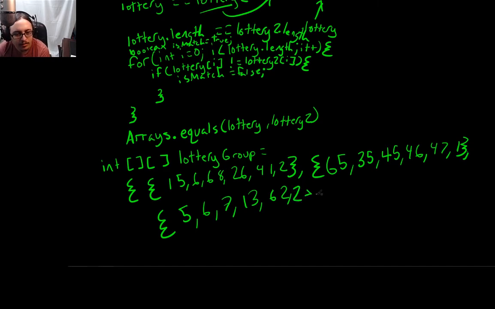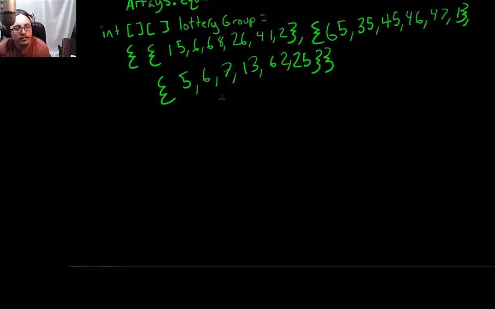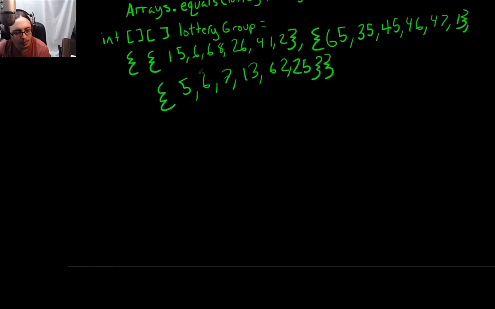So let's make this one 25. Okay. So now we have 3 lottery selections in this lottery group array, right? We have one at the top here, one right next to it, and the bottom one. So this is like 3 arrays in one array. It's an array of arrays.